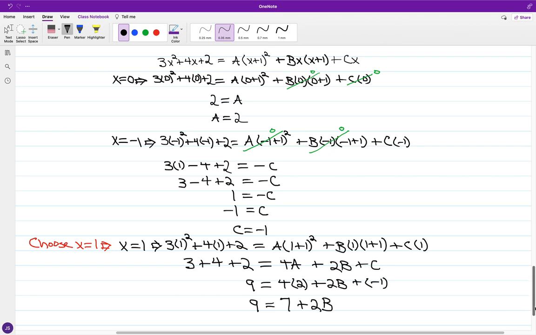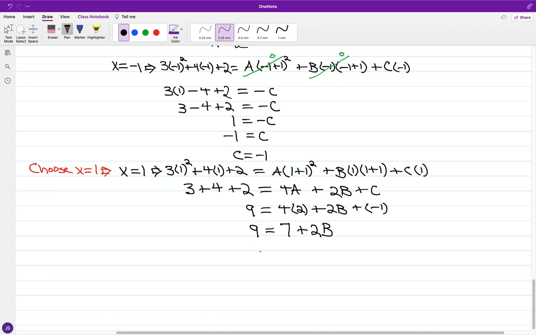So I have that 9 is equal to 7 plus 2b. And taking 7 away from both sides, we have that 2 is equal to 2b, and with division by 2, the value of b comes out to 1. Quite a bit of work in this one.